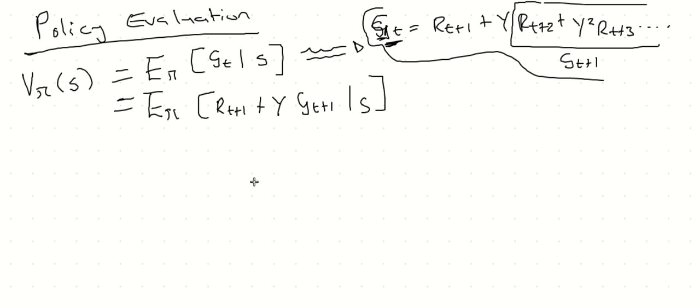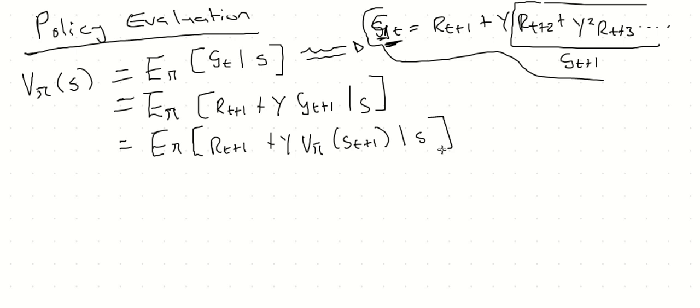Now that we know what all of this is, we go on to the next problem. We've broken down this equation like that, and we can break it down even further by saying this is the expectation under policy pi, the policy that we've been given, of R_{t+1} plus gamma V pi of S_{t+1} given S. Why is this the case?